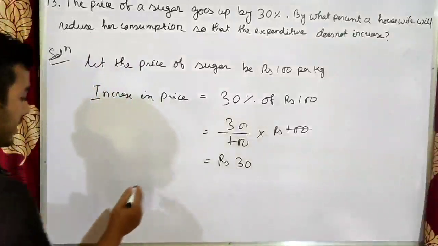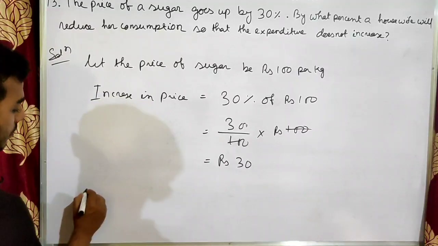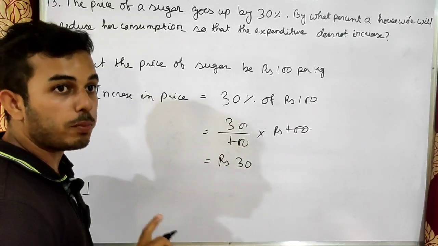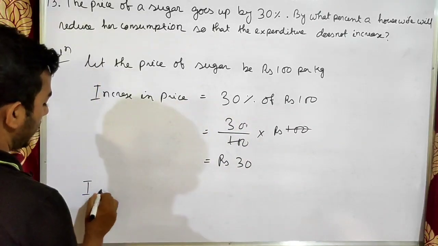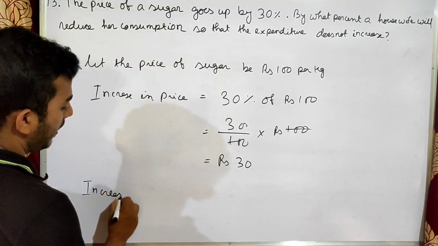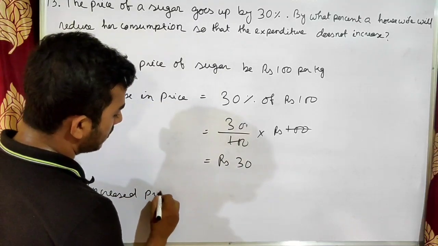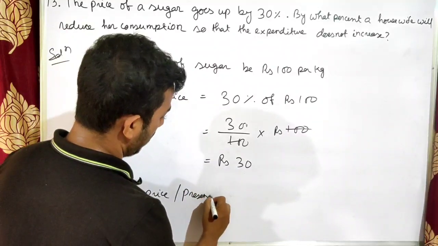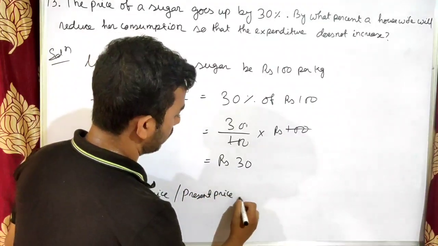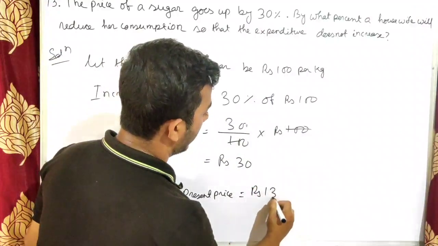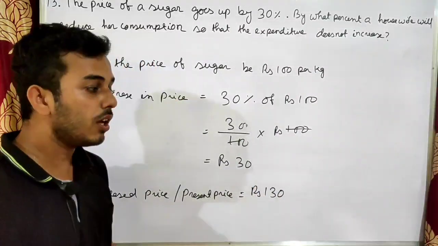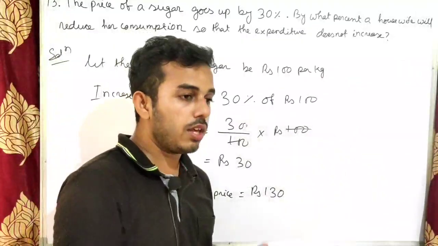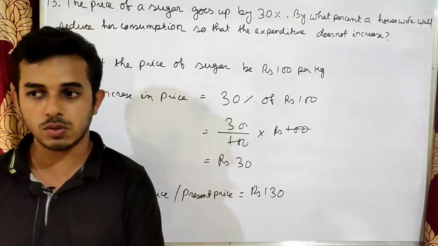Okay, so write here, increased price or present price will be rupees 130 per kg. That is, now she will get 1 kg for rupees 130.